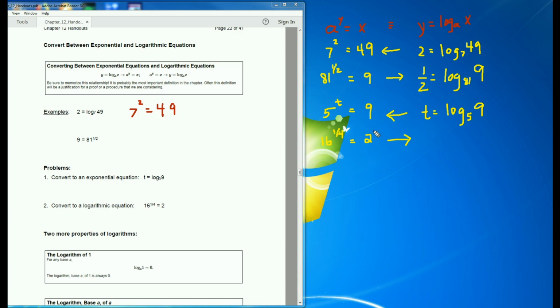I don't know if I said it right or wrong, but I definitely wrote it wrong. All right, so our y is 1/4 equals log base. The base of the exponent is 16, so that's also the base of the log. So log base 16 of 2.